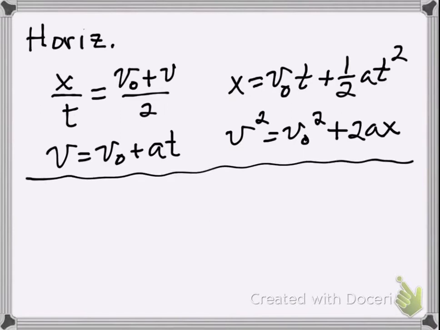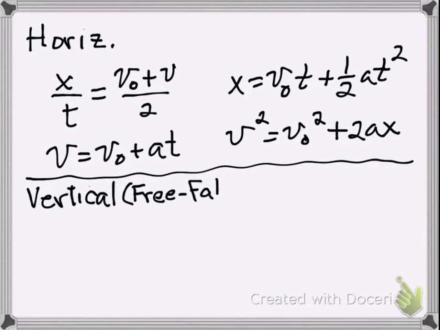Now for vertical motion, otherwise known as free fall, the four equations are the same equations, but they are slightly different because we're moving in the vertical direction.